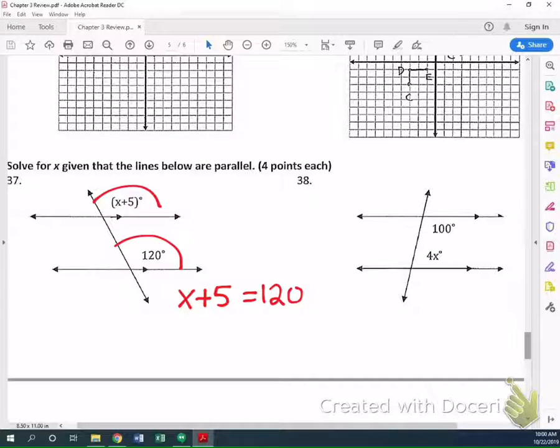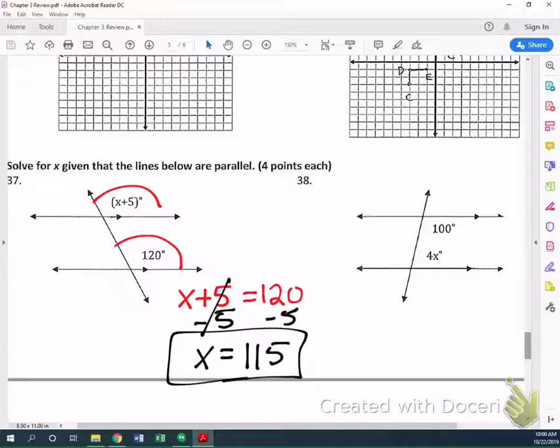No, we're solving for the x. We subtract 5 from both sides to get the x by itself. So x equals what? 115. Good.